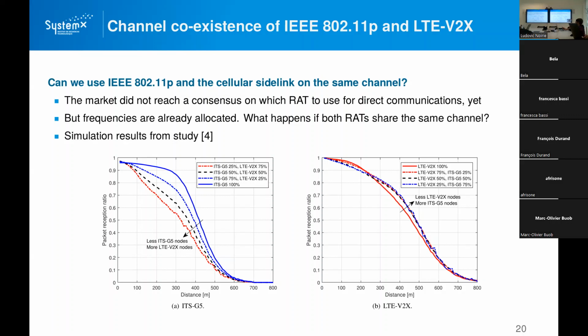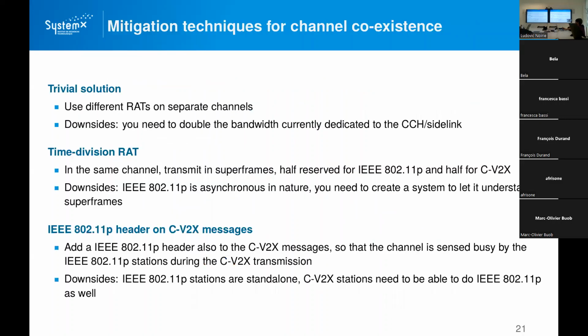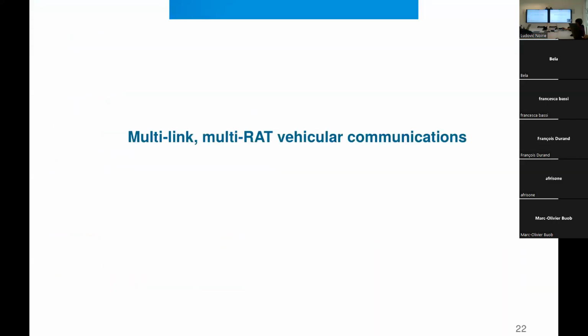That was quite a surprising result, but this is still the result of the synchronous versus asynchronous systems. The synchronous has an advantage. And so you can have mitigation techniques to try to have them in the same channel. I'm not going through them, but they exist. And spoiler, none of them will work unless you change some part of the system.